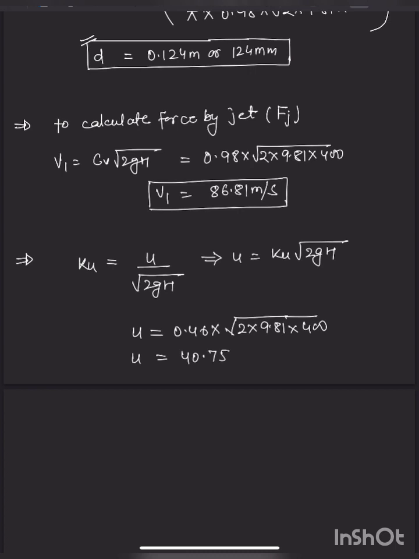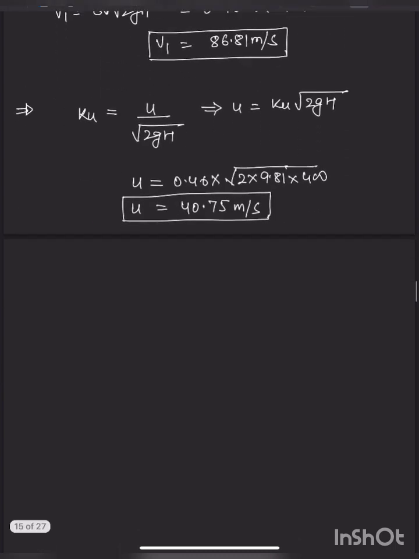So finally u comes out. Now we will calculate the relative velocity at inlet, which will be Vr1 is equal to V1 minus U, that is 86.81 minus 40.75. So Vr1 is equal to 46.06 meter per second.